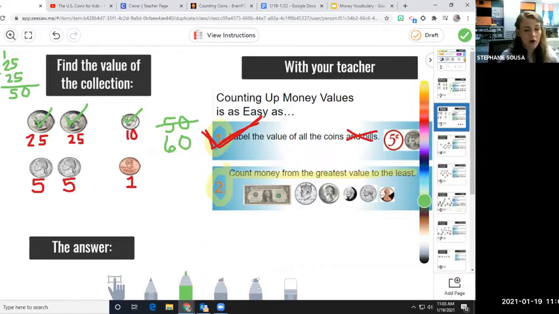Okay, then I move on to my nickels. I have 2 nickels. Plus 1 nickel would go from 60 to 65 cents. All I would have to do is count by fives. So 60, 65, one more nickel is 70 cents. So I can cross out 65 because I now have 70.